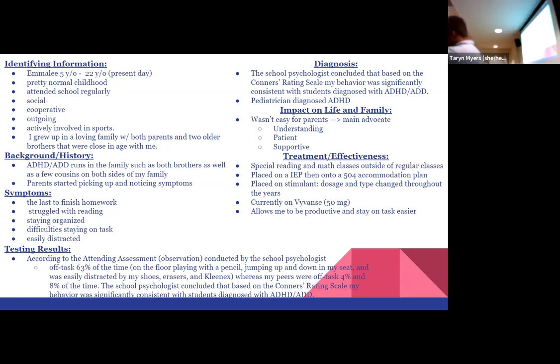When you're younger, your parents take the lead, but they also ask you what you want. My parents thought it was a good idea to run the class so I wouldn't distract anyone. When I got into high school, I was placed onto a 504 plan, which goes from K through college, so it will transfer with me. I'm still considered to have a 504 plan.